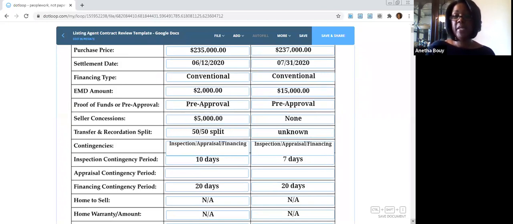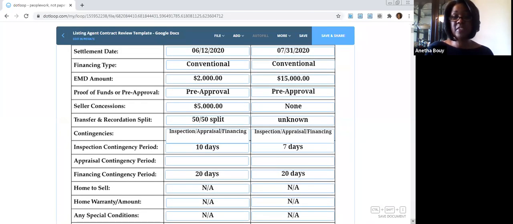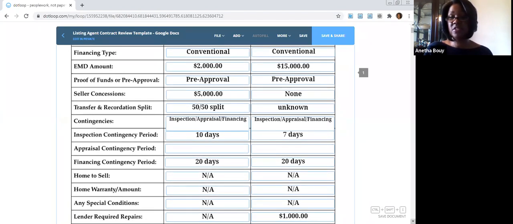Okay. He too has contingencies for inspection, appraisal, and financing. He says that he can have his inspection completed within 7 days of a ratified contract. Again, there was nothing that spoke to what the appraisal period would be. He has a financing contingency, which is 20 days.